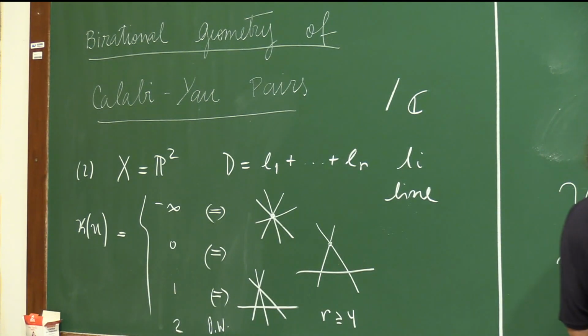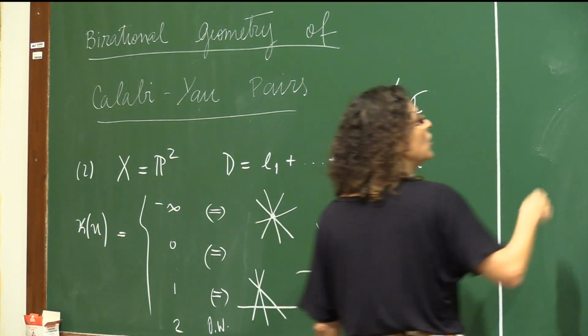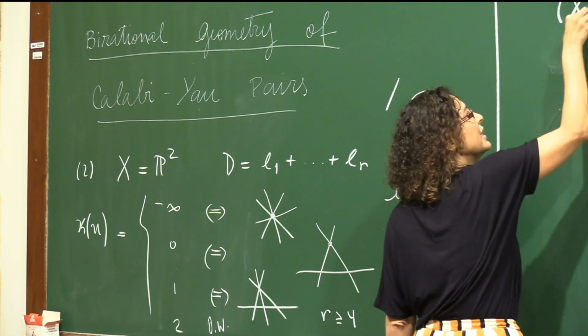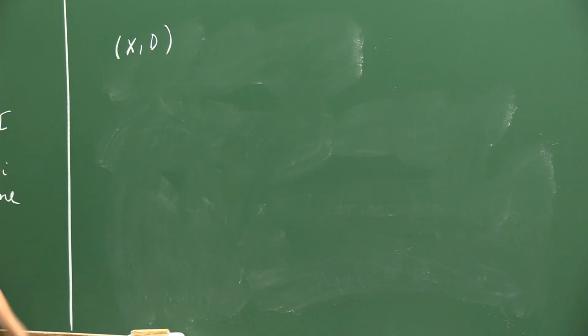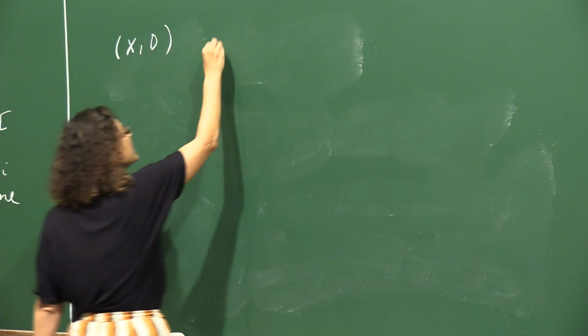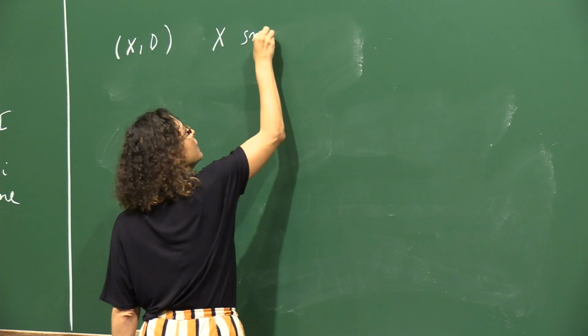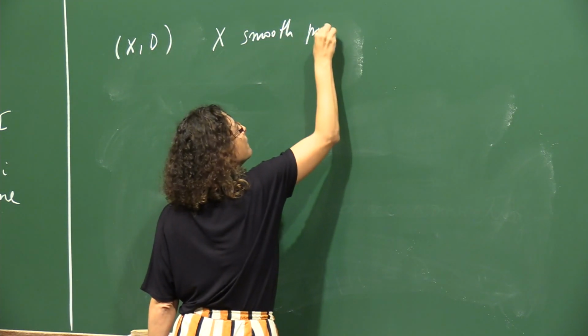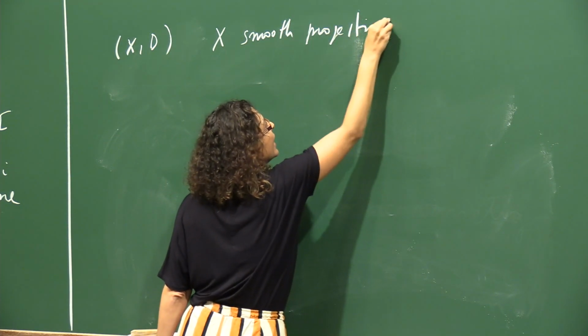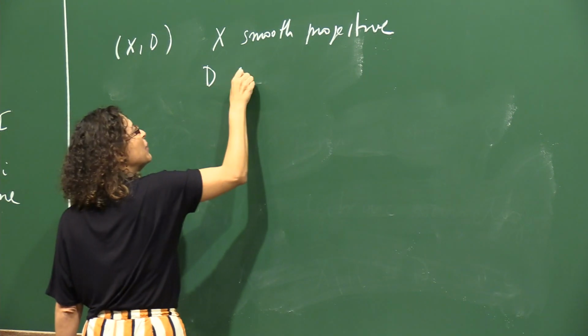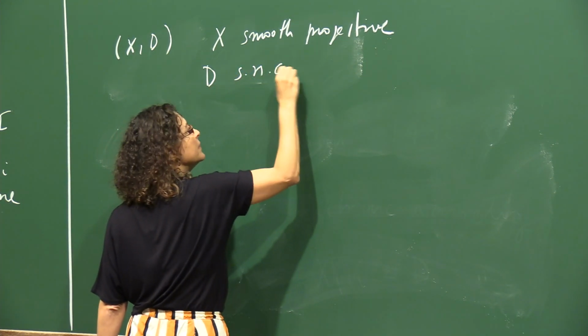From this point of view, we can also define notions of hyperbolicity for pairs. So let me take X and D as above. For the moment, let me take X smooth projective and D a simple normal crossing divisor.